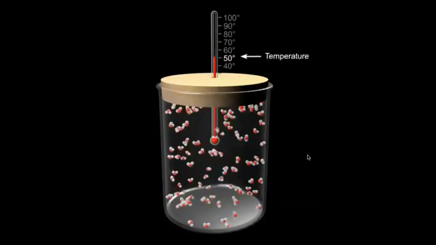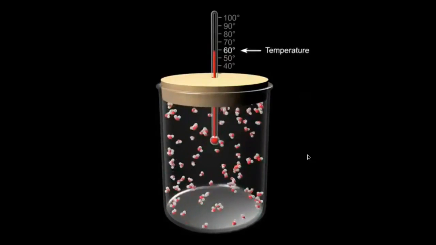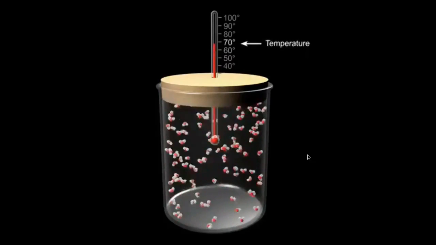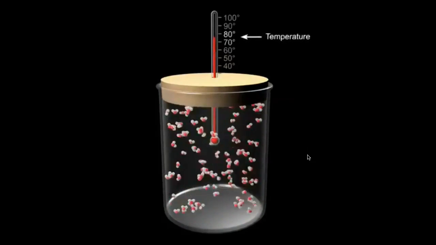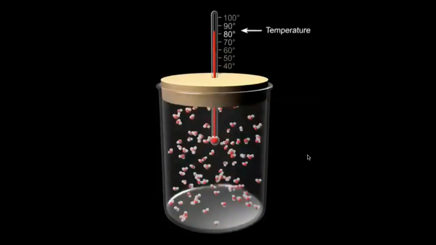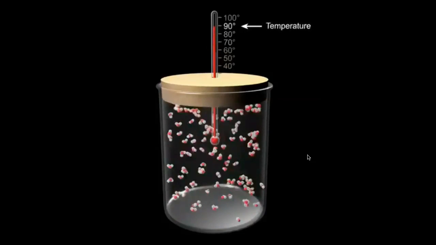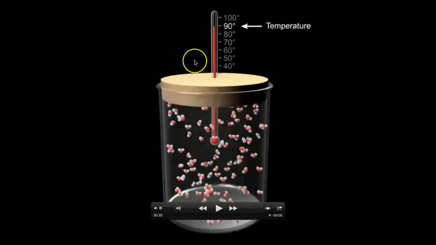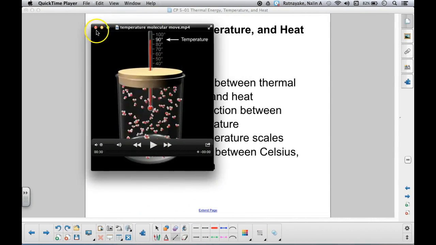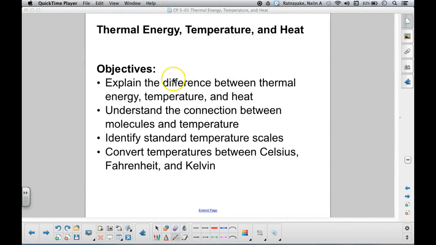And remember that temperature is this measure of average kinetic energy of the molecules. And look, they're speeding back up, and the temperature is rising as they do that. It's a neat little graphic that helps differentiate between these three concepts and illustrate the connection between molecules and temperature.